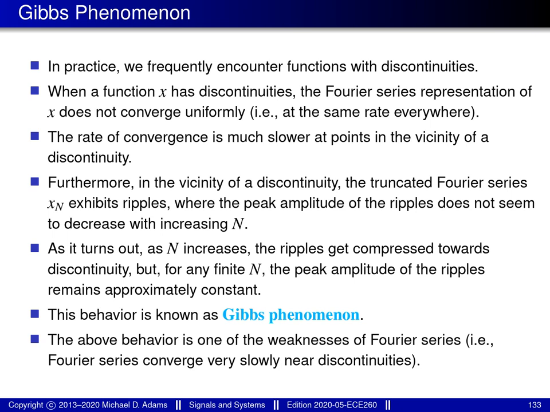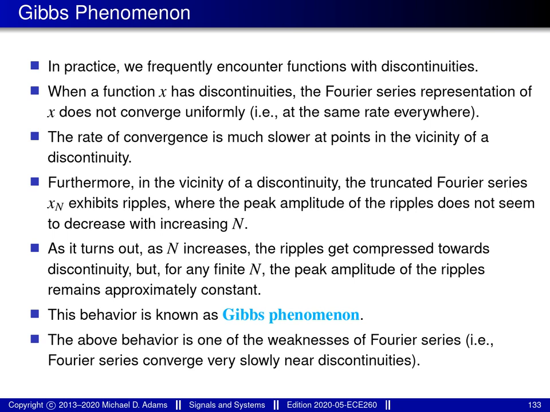Now, in practice, when we employ Fourier series in computer algorithms, we must always truncate the Fourier series to a finite number of terms, otherwise the computation would never finish. So if we let x subscript n denote the Fourier series truncated after the nth harmonic component, in the vicinity of a discontinuity, x subscript n exhibits ripples.